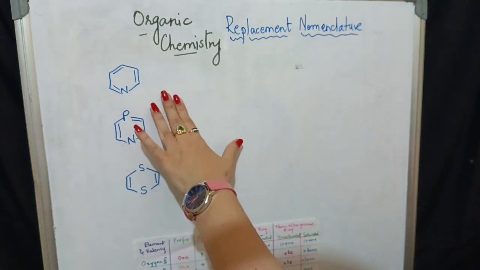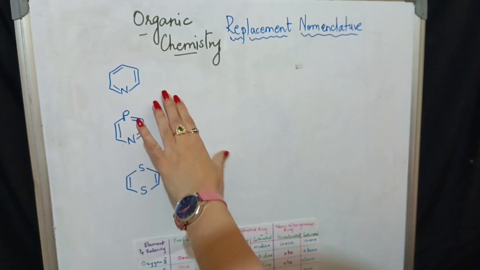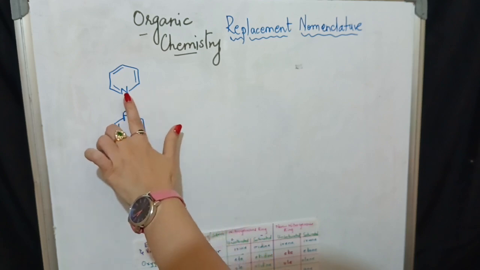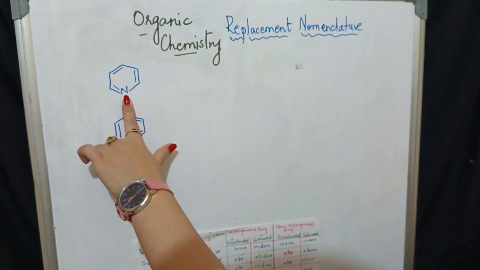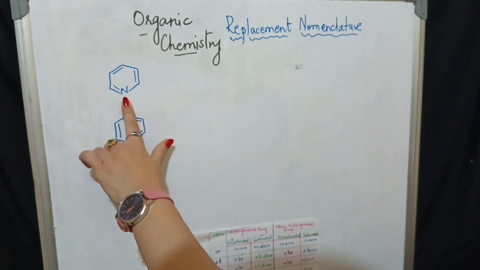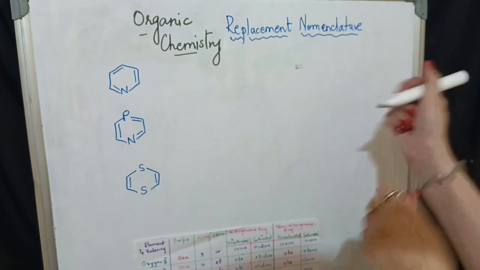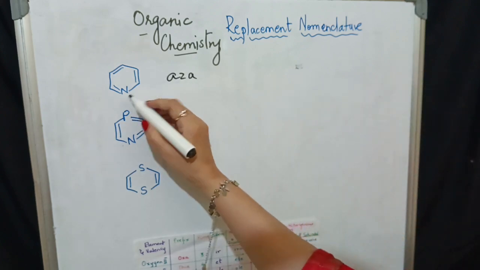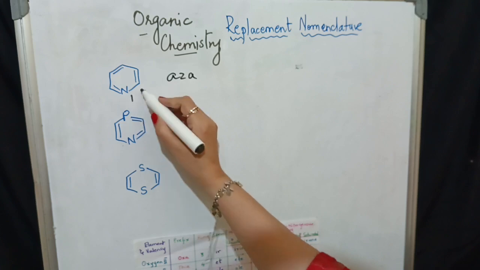This is very useful for bridged and spiro ring systems. Let us start now. Here the heteroatom present is nitrogen. When it is nitrogen, it is called aza. So let me write it down as aza. When we number, we will start the numbering from here. So 1.